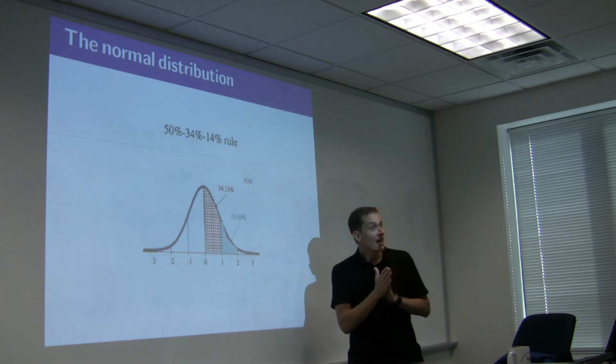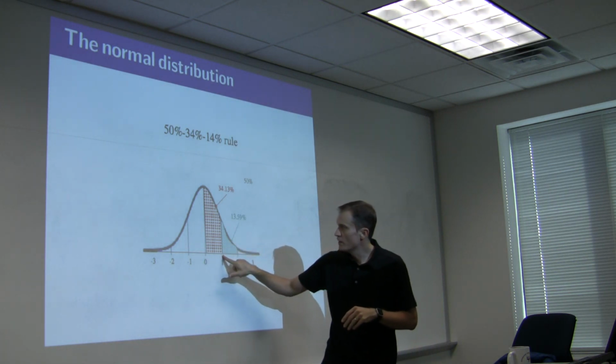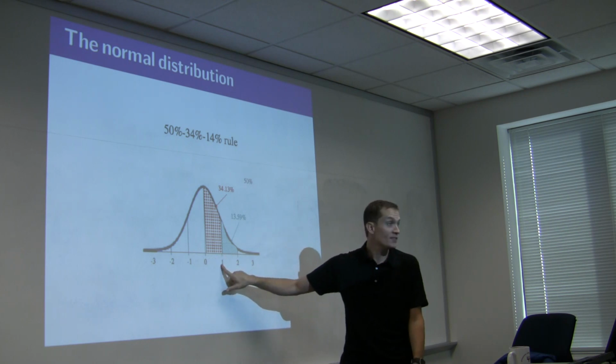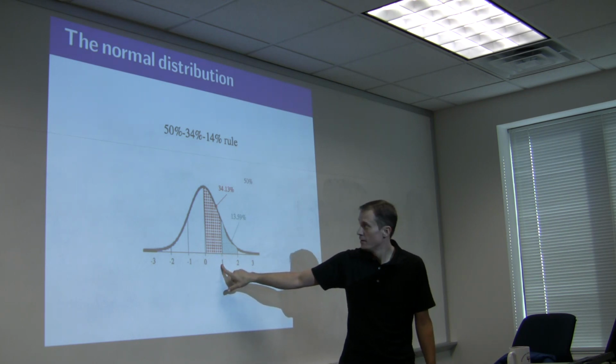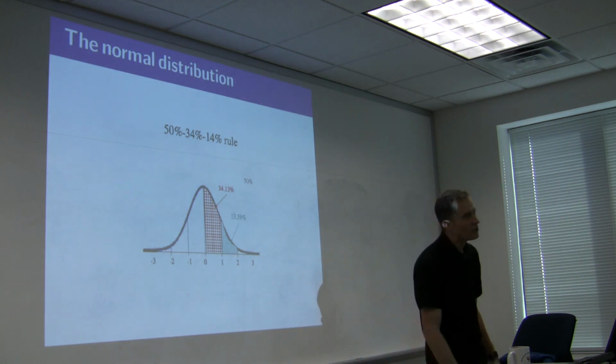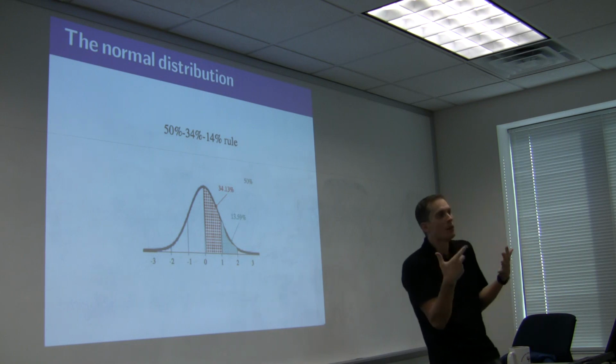Now the other sections have some nicely defined parts as well. This part between 0 and 1, between the mean and 1 standard deviation above the mean, turns out to be about 34%. A closer approximation would be 34.13%, but again, this is an eyeball estimate.